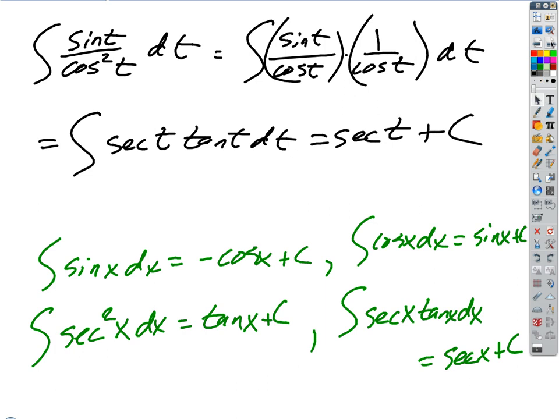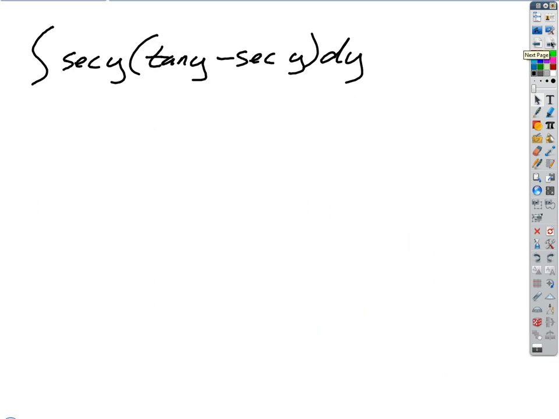Okay, what about that one? Actually, that one's not that bad. Because if you factor out secant y, then you have secant squared. Yeah, so those are both, just by distributing, this time this is quite a bit easier. I get a sum of two rules or a difference of two rules that are in the playbook.